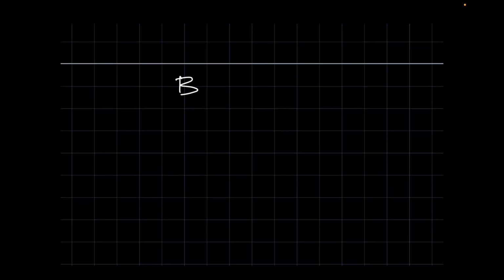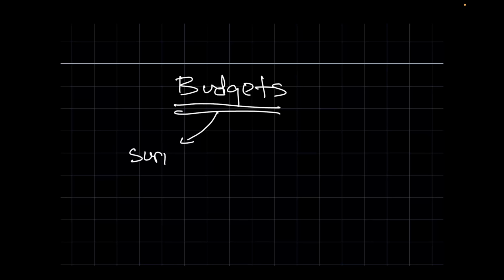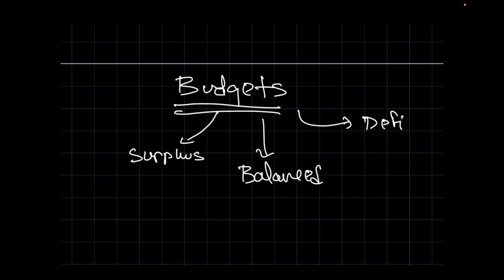Now here's the main thing that you need to know when you relate it to government spending. You need to understand how budgets work. Now budgets come of three forms. You can have a surplus budget, you can have a balanced one, and you can lastly also have something called a deficit one.